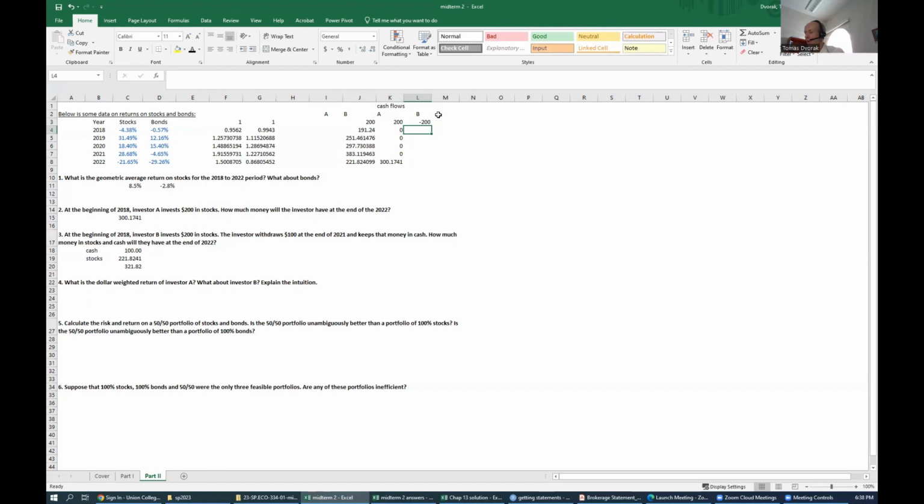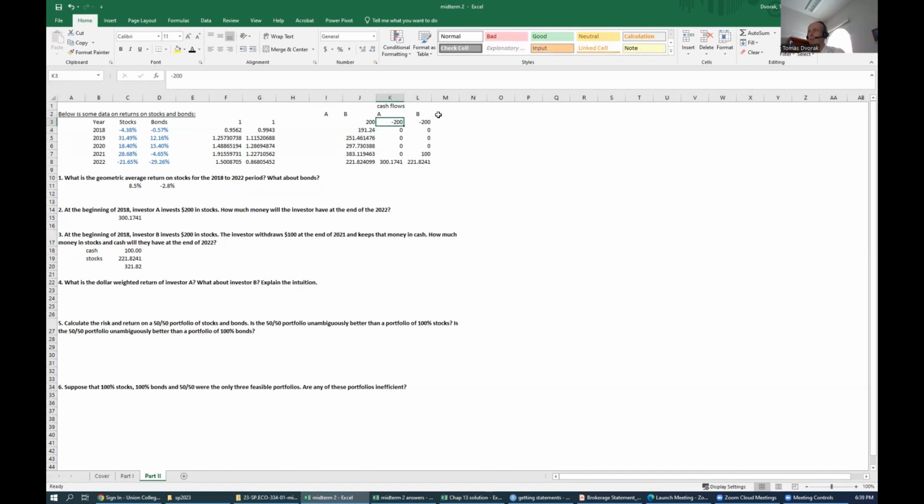And then there is something here at the end of 2021. They're going to have a positive cash flow of 100. And then they cash everything out at the end of 2022, which gives them $221. So let's change this one to minus 200. So these are the cash flows.